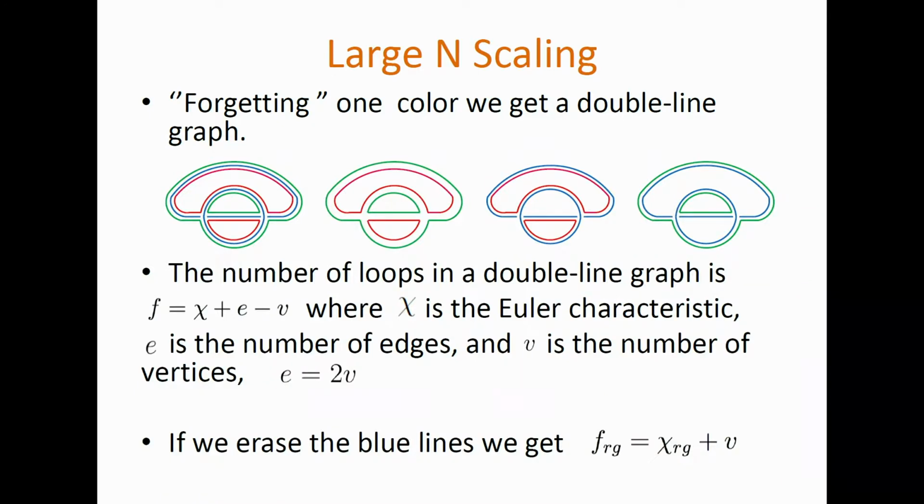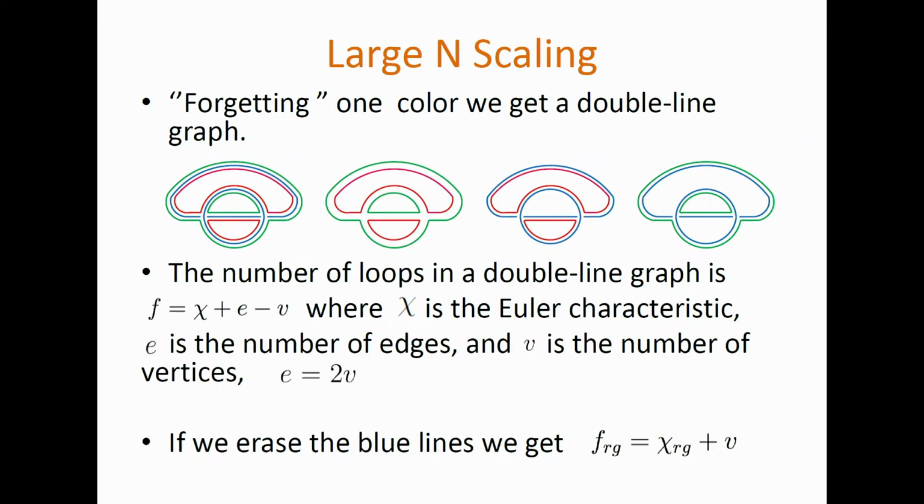So in each graph, you want to calculate the sum of the number of red, green, and blue loops, okay? So how can we calculate this? Well, we can do the following steps. We can first, for example, erase all the blue loops in the graph and be left with a kind of matrix model graph with red and green loops, or we can do a similar thing for other colors.